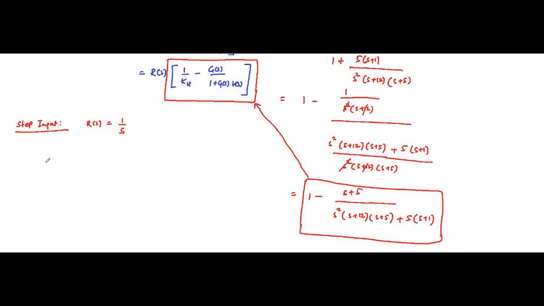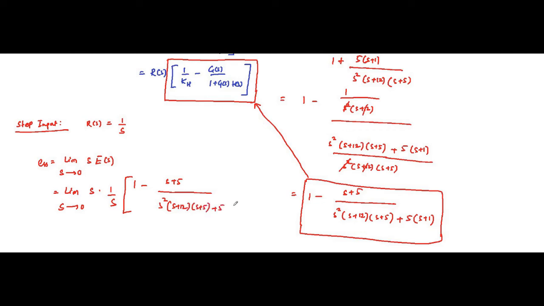We know that steady state error is equal to limit s tends to 0 of s E(s). So it will be equal to limit s tends to 0 of s into 1 by s into [1 minus (s plus 5) by (s square into (s plus 12) into (s plus 5) plus 5 into (s plus 1))].